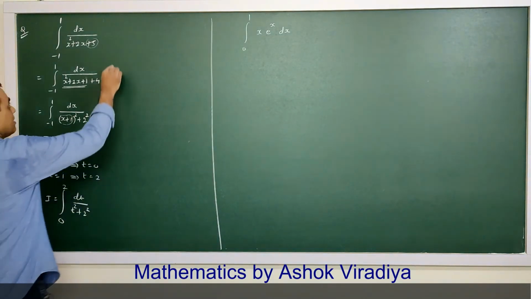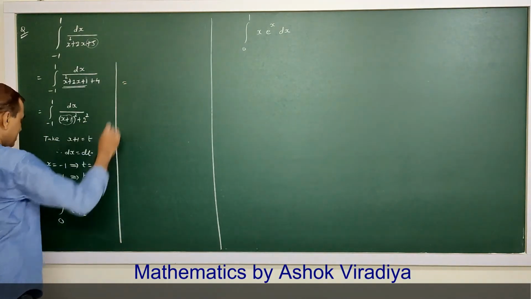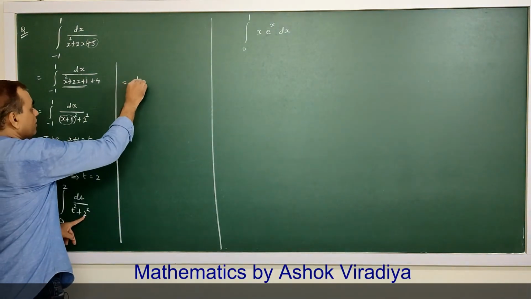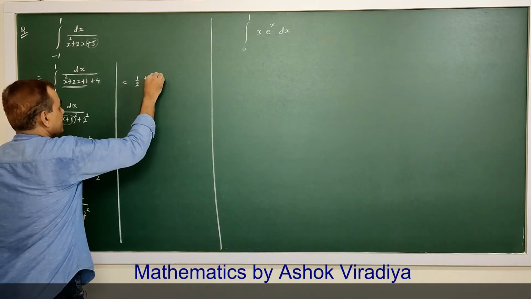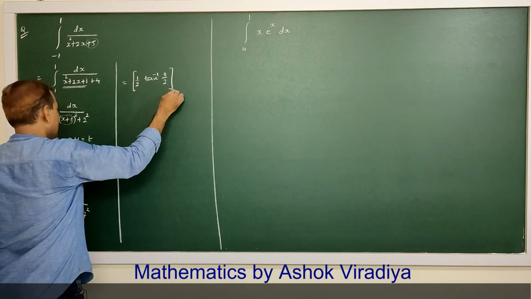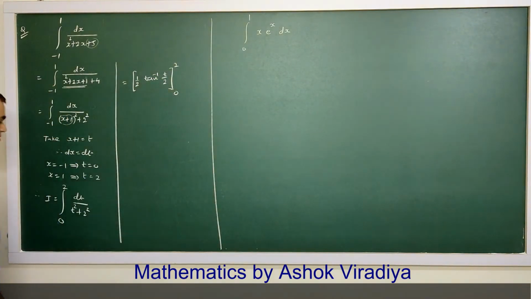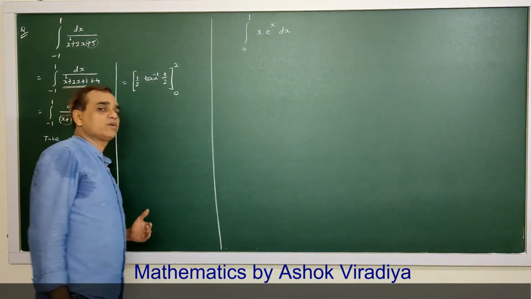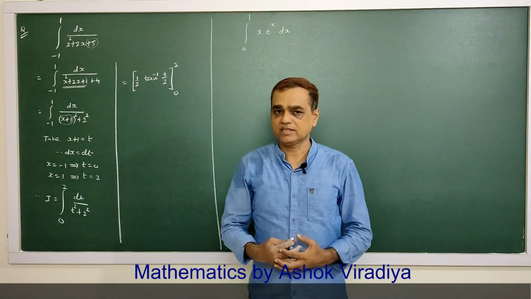Now its integral is 1 upon a tan inverse x upon a. So from 0 to 2, the integral of 1 upon x square plus a square is 1 upon a tan inverse x upon a.